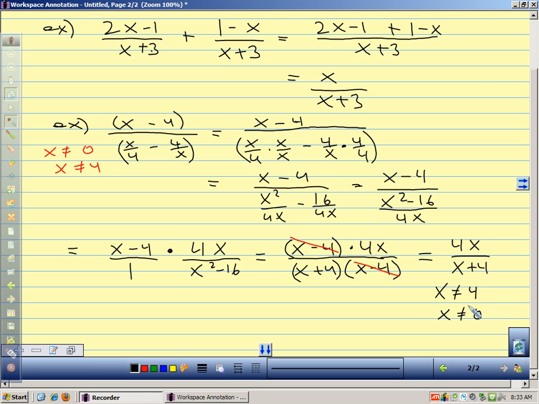What we're trying to keep track of here is the factors that we've canceled out. So we canceled out the factor that would give us x equals 0 when we simplified this fraction, and we did the same thing for x equals 4. We simplified that, so we can't really see that in our final answer. So we have to keep track of that with our final answer. But our final answer tells us that x can't be minus 4. You don't need to re-say that. You can if you want to be safe, and it wouldn't be wrong. It's just these we've gotten rid of in our simplification process.